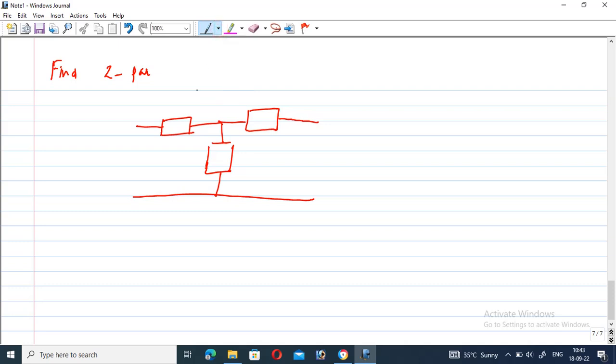So from this we have to assume and consider the corresponding variables. This is the current direction I1, this is Z1, this is Z2, this is Z3. This current direction is I1 plus I2, the sum of those two. Here also some input voltage V1, and V2 with minus and plus.